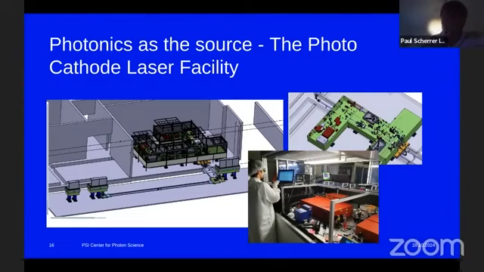The start of the whole system is that we have a cathode that produces electrons, and this is done by photoemission from a copper cathode by what we call the gun laser system.